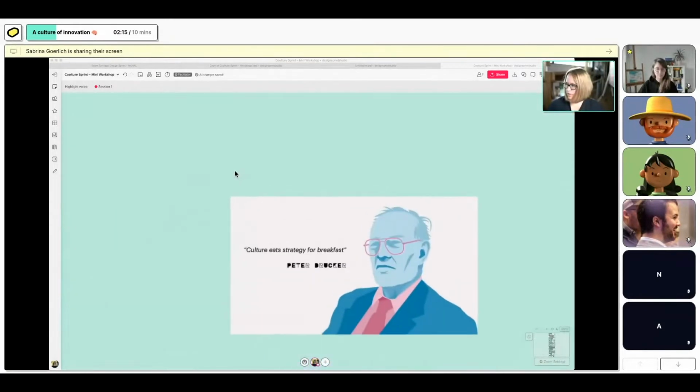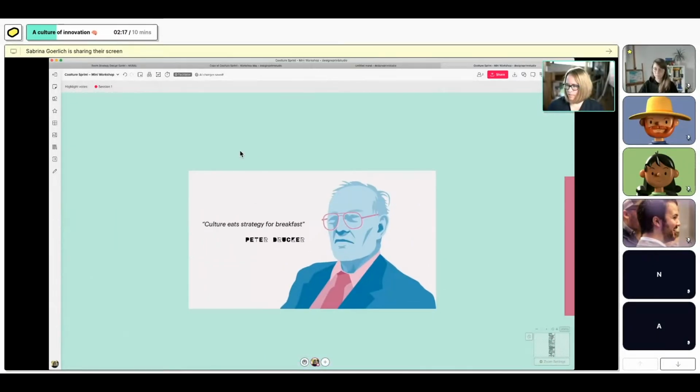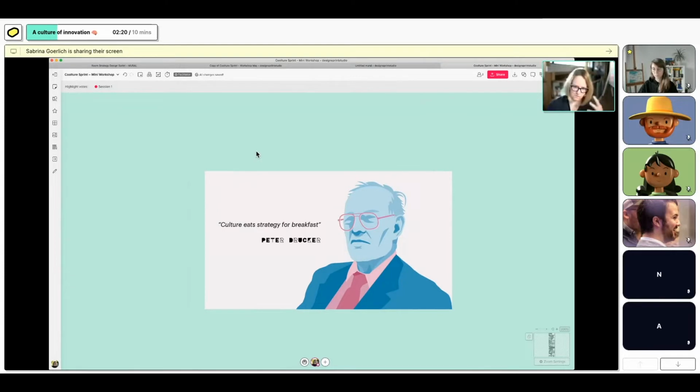And now I want to share a statement that goes in the direction of culture. Culture eats strategy for breakfast. Peter Drucker framed this quote. I think he formulated it a little differently, but this is really true. Companies have invested billions in internal venture capital, internal incubators or accelerators.